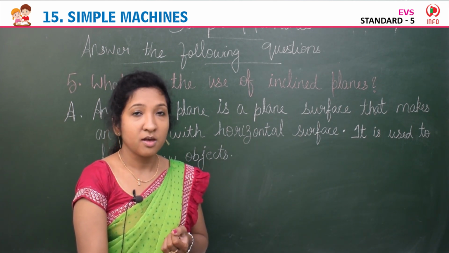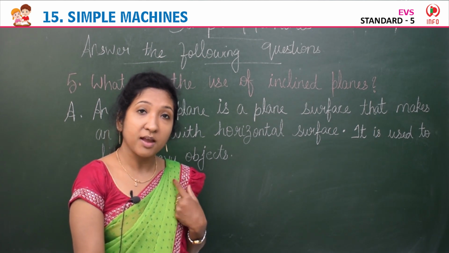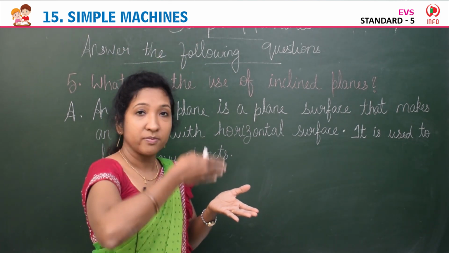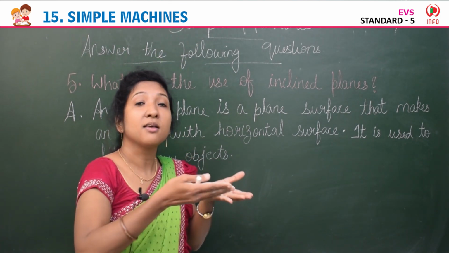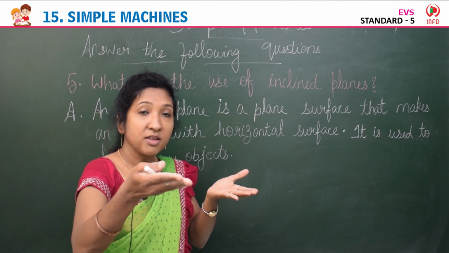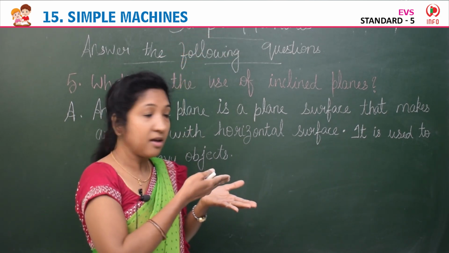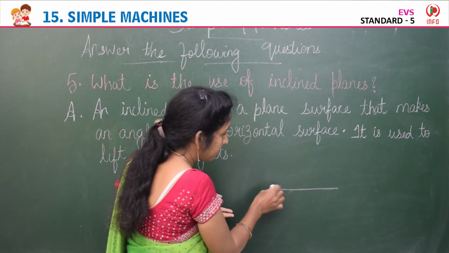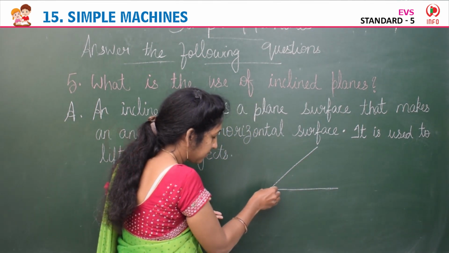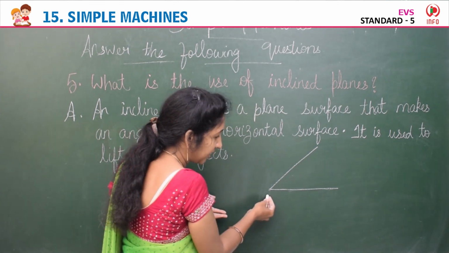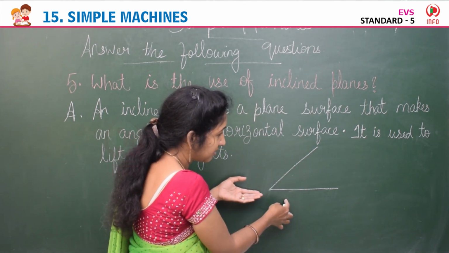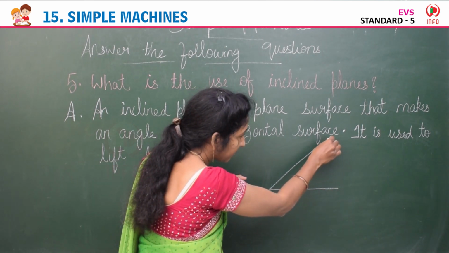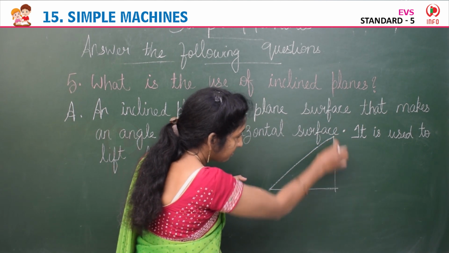Yes or no? Actually, what is an inclined plane? I told you, plane is a flat surface. Inclined means a slope. So, an inclined plane is a flat surface where one end is bigger than the other. How will it be? Like this, plane surface. Inclined means a slope like this. Plane is a flat surface like this. So, inclined plane is a flat surface with one end bigger than the other.